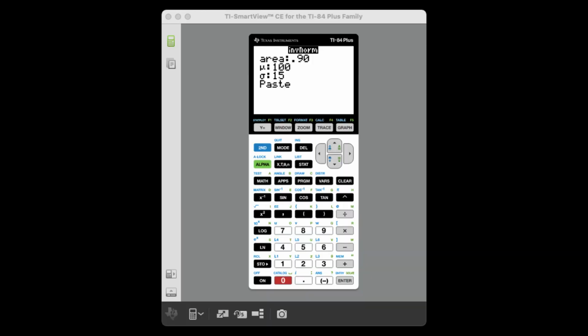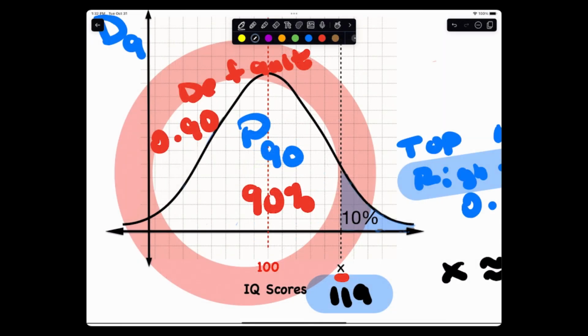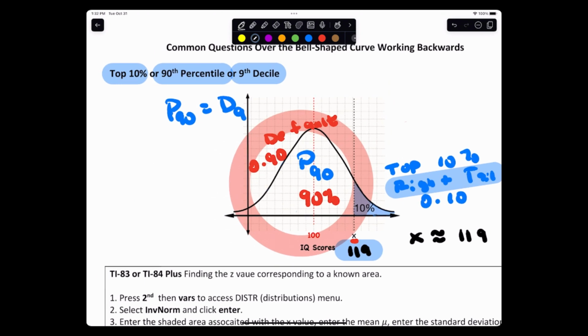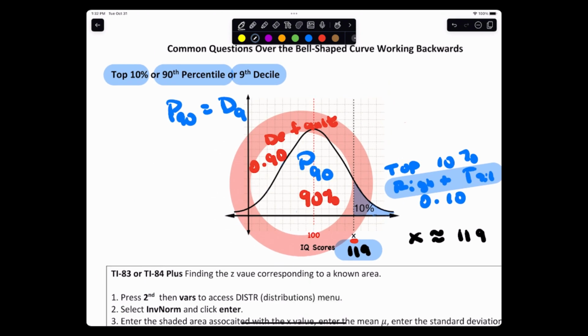So because of that, you put the 90%. There is no left, right, center. We're using the default. Sure enough, don't you get 119? Wow, that's amazing. So either way, ladies and gentlemen, this is how you handle the top 10%.